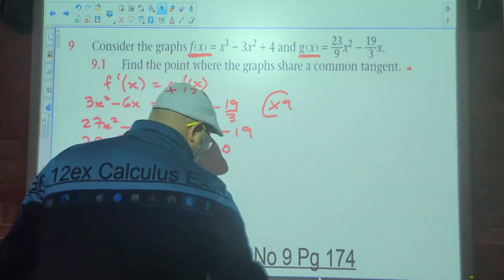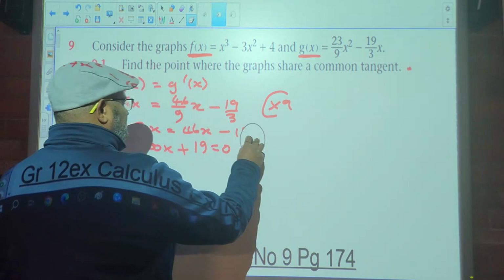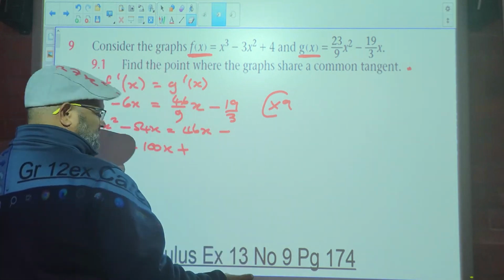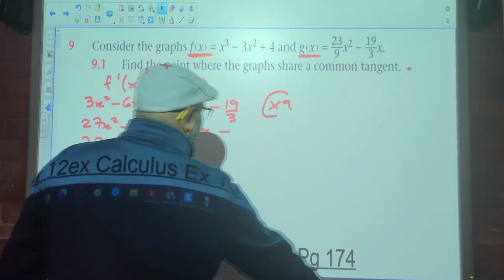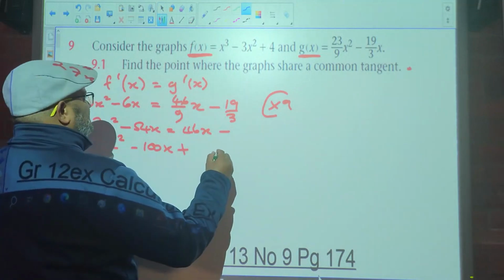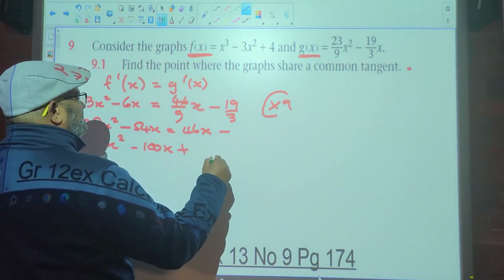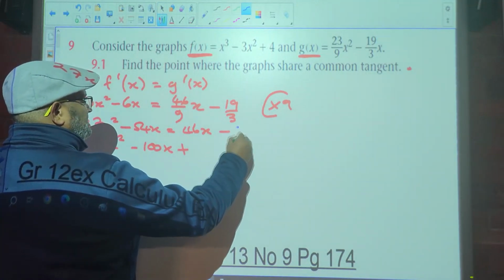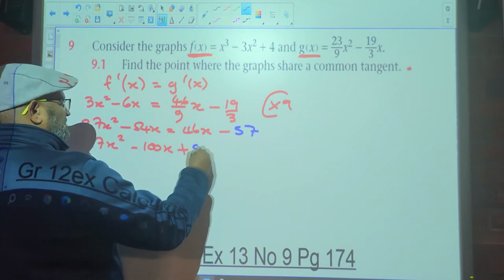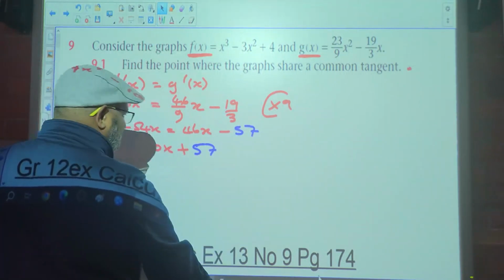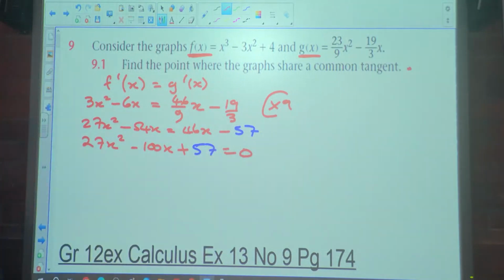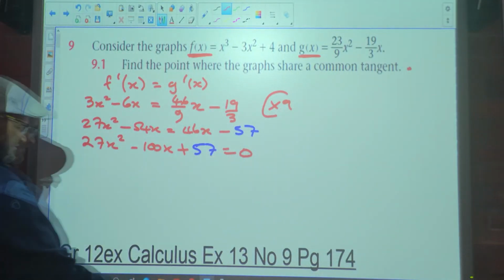Oh, it's not 90. Oh, I see. 3 times 19 is 57. Is that correct? 57, which now is positive 57. You all agree with that? Sorry about that.